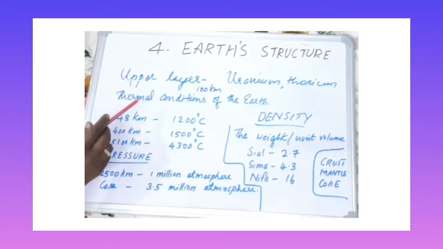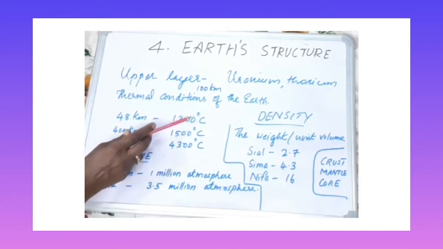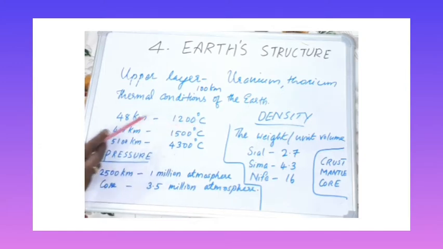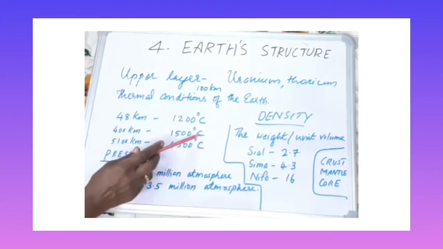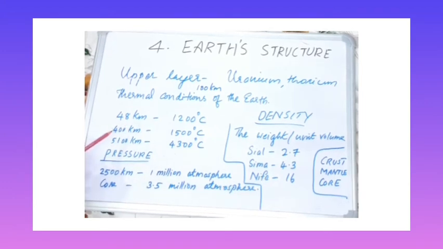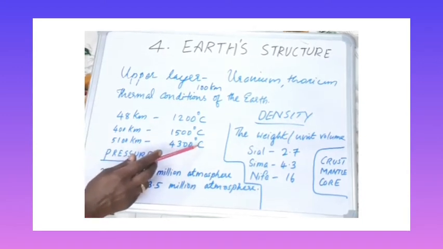The thermal conditions of the Earth can be summarized as follows. At a depth of about 48 km, the temperature is about 1200 degrees Celsius. The temperature at a depth of 400 km is about 1500 degrees Celsius, and the temperature at the boundary of the molten outer core and the inner solid core, at a depth of approximately 5100 km, is estimated to be about 4300 degrees Celsius.